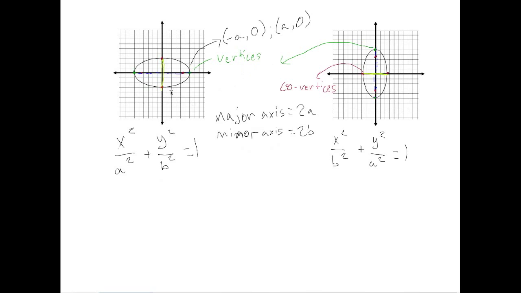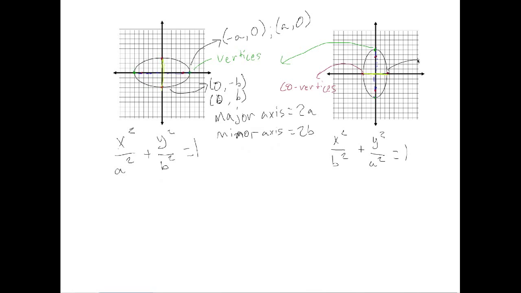Your minor vertices will be given as 0, negative b, and 0, b. Okay? I know this is a lot to take in, but trust me, with practice, this will come like a snap.